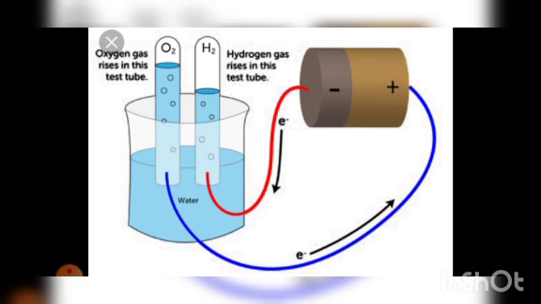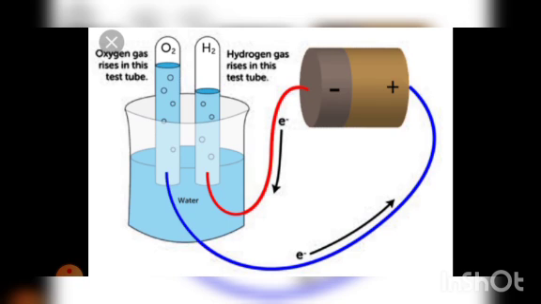On the negative end, that is on cathode, the hydrogen gas will be deposited. These two gases are collected from water; we are decomposing water. This is known as electrolysis of water. By passing electricity, we can break down water to hydrogen and oxygen.